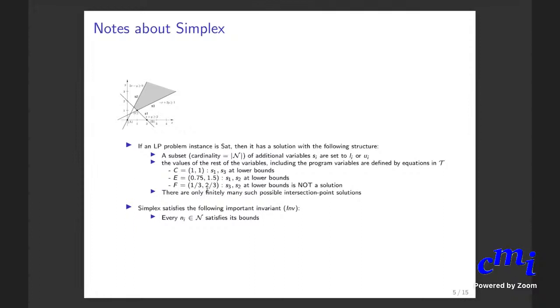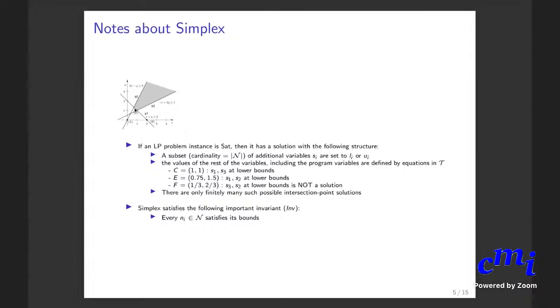So you can derive E as a linear combination from C by pivoting S3 with S1, because C is the intersection of S1 and S3, and E is the intersection of S1 and S2.